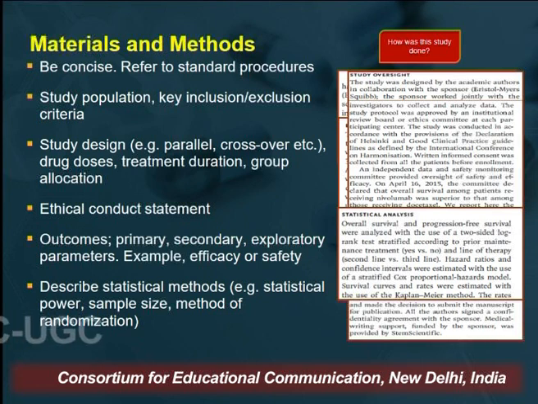followed by, if it is an interventional study, drug doses, treatment duration, group allocation, everything you need to incorporate. Another important aspect that needs to be included in the materials and methods section is the ethical conduct statement. For any study, there are ethical guidelines available, and there are ethical agencies which assess the study and then give the approval or non-approval accordingly.